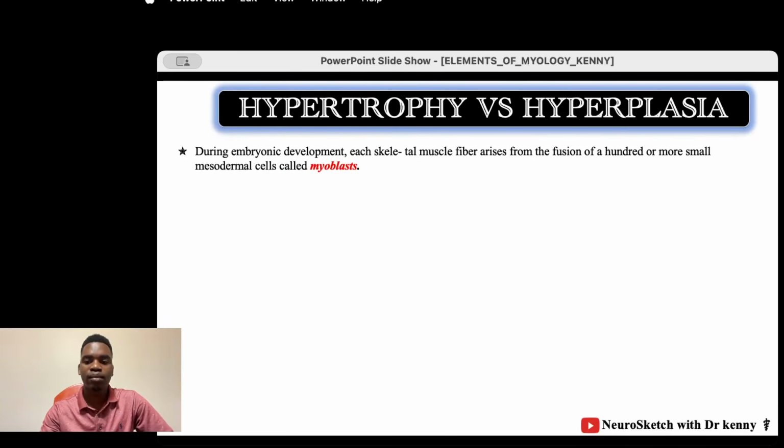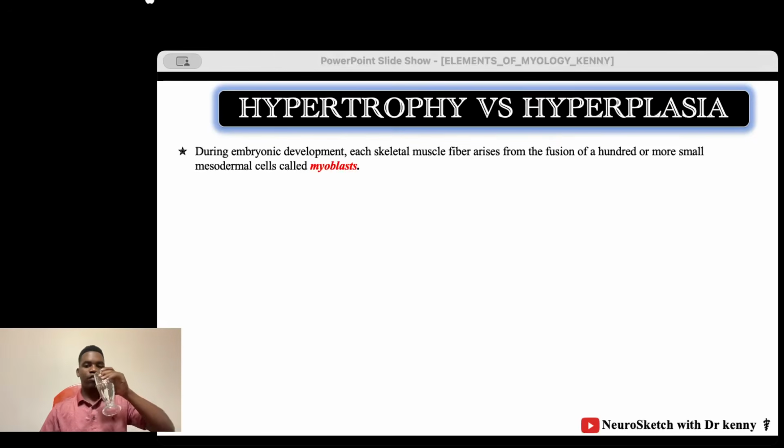So let's talk about something here, which is hypertrophy and hyperplasia. But before going to hypertrophy and hyperplasia, there is something to make clear here.